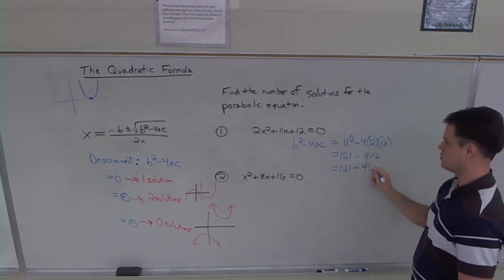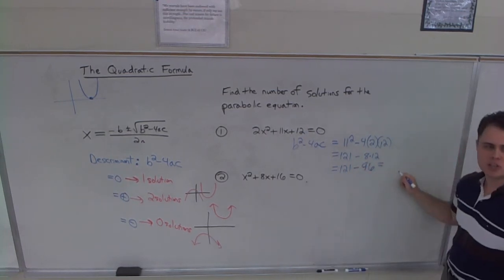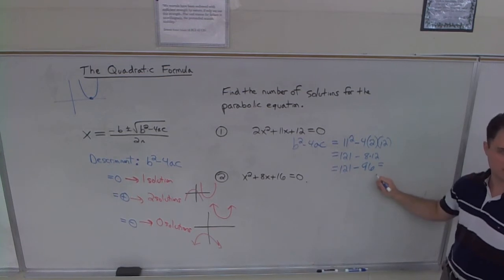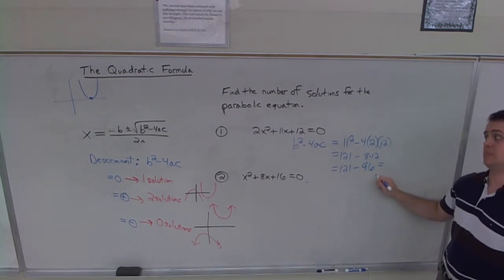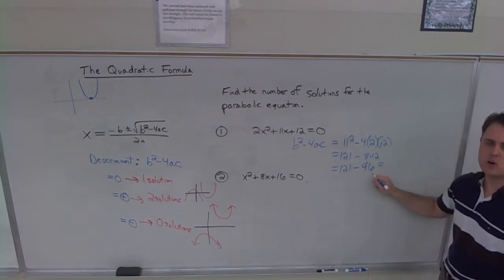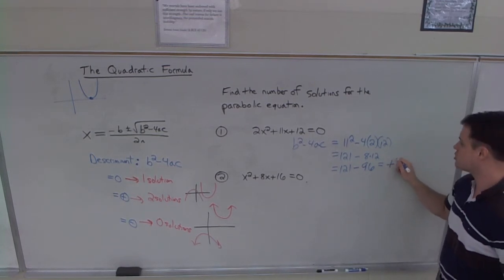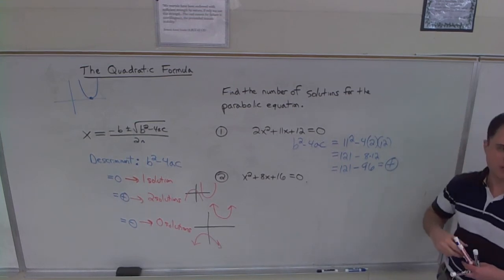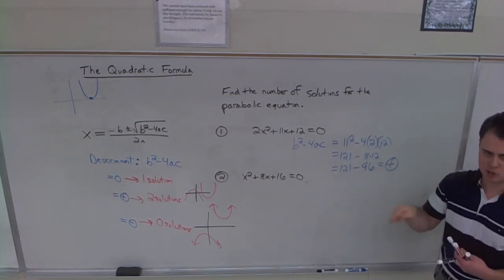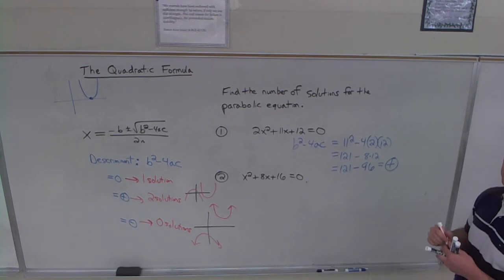That's 96. And see, I don't even care what this comes out as, because right here, you guys tell me, is this going to be 0, positive, or negative? 121 minus 96? I don't care what the number is. I care that it's going to be something positive, so I'm going to get plus or minus stuff. So how many answers am I going to have? 2.